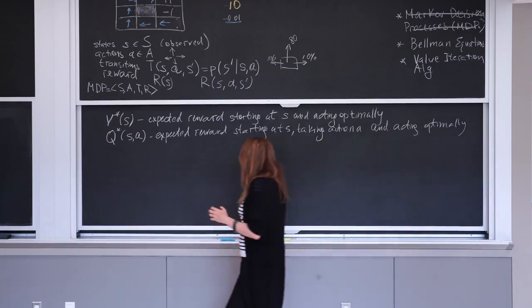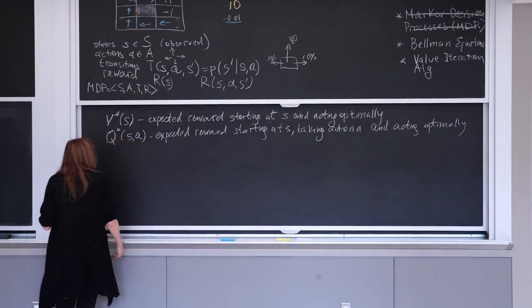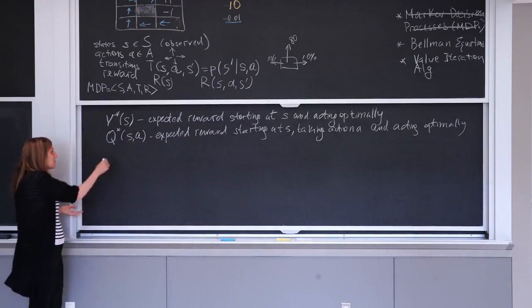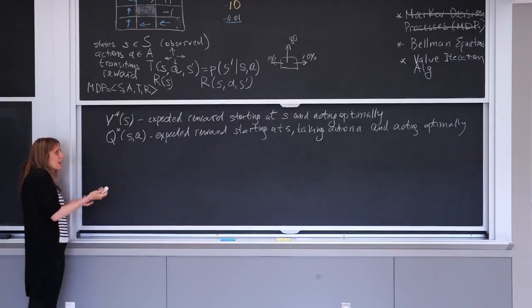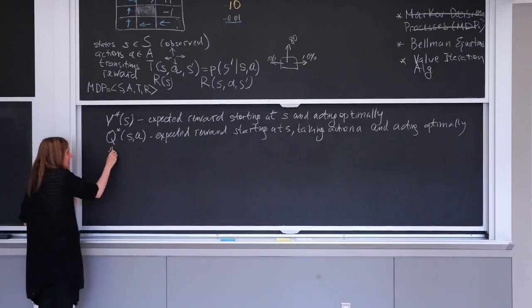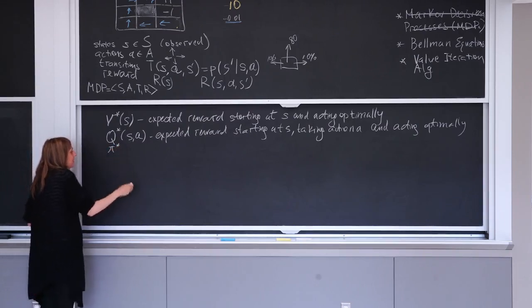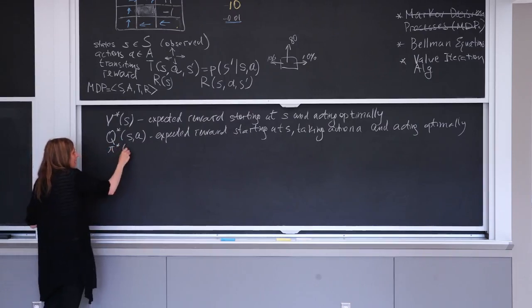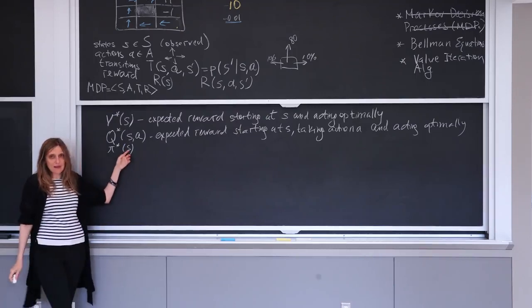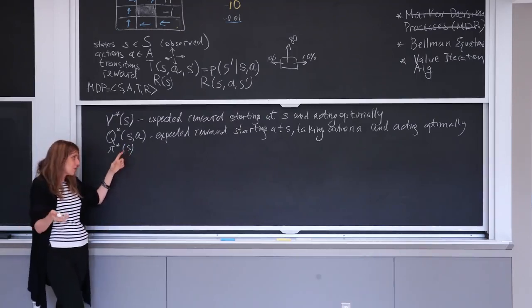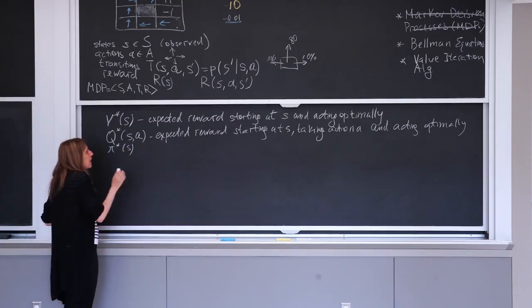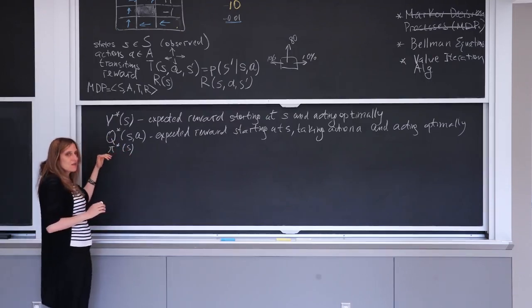Okay? We already seen our policy. I will just remind you that we also have our policy pi, which we shouldn't forget, correct? This will be our policy pi, which takes S and returns us the best action that we can take. Okay? So those are the 3 quantities.